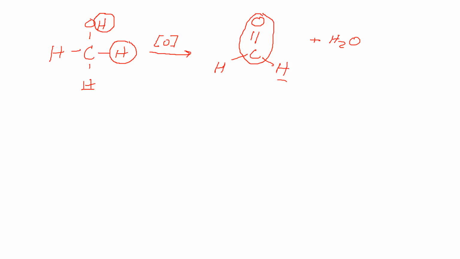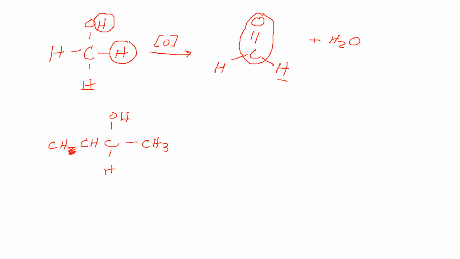All right. The next type of oxidation that we see is where we have maybe a, let's see, let's make this a 3 here, and we have something like this. All right.